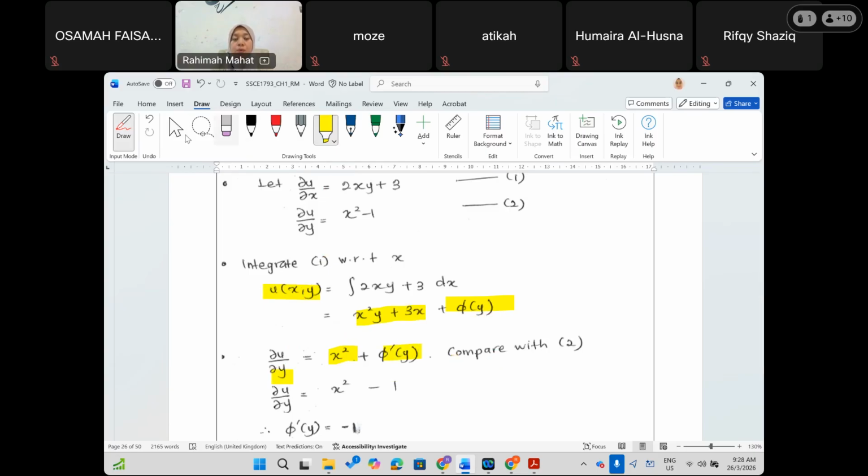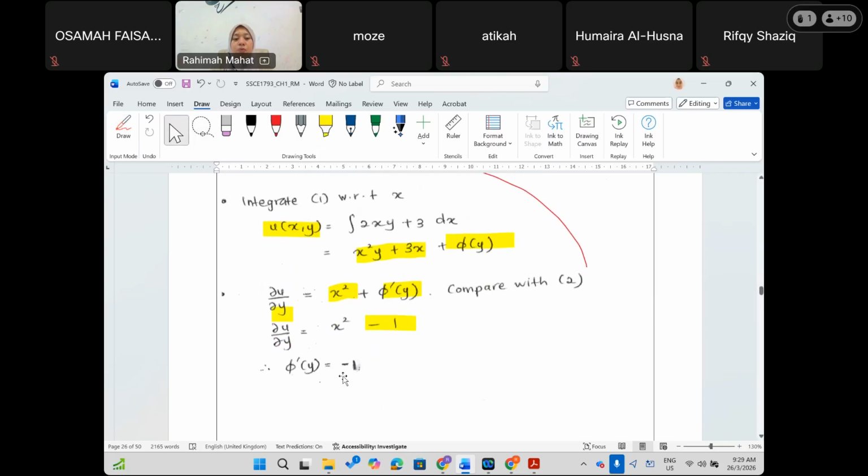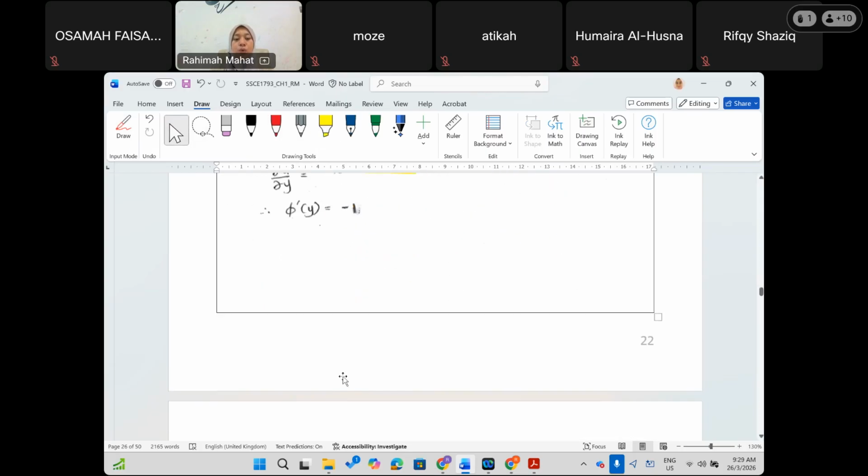And then you compare with equation 2, because this one is ∂u/∂y. After comparing, we can see that phi prime of y is equal to -1.